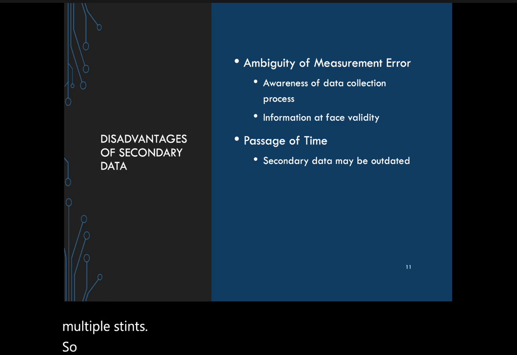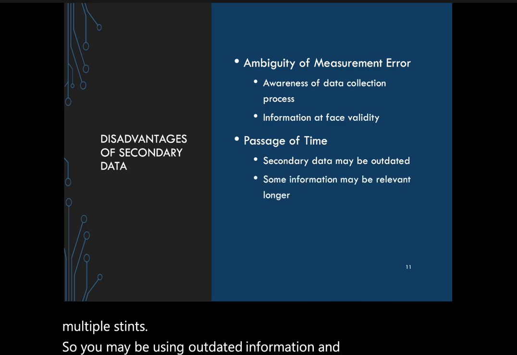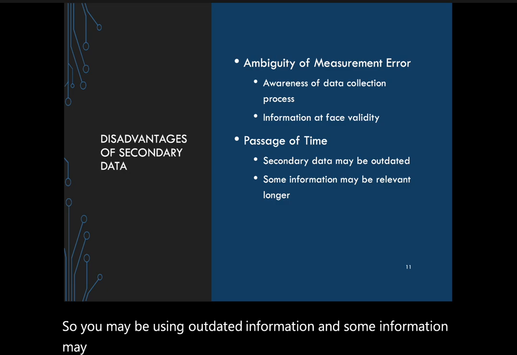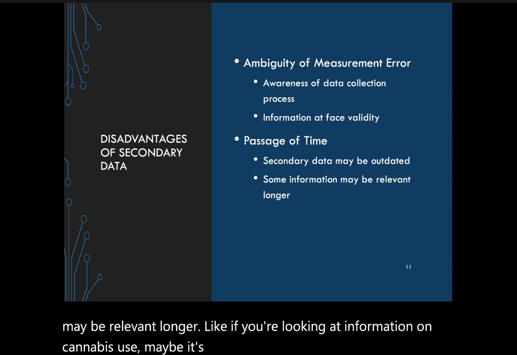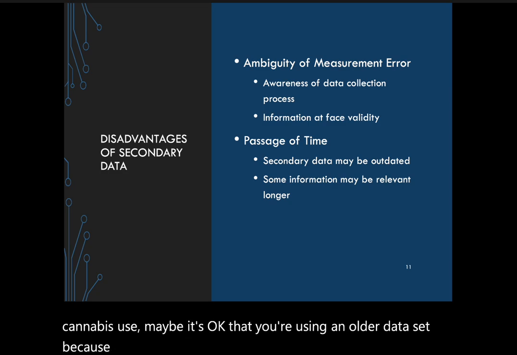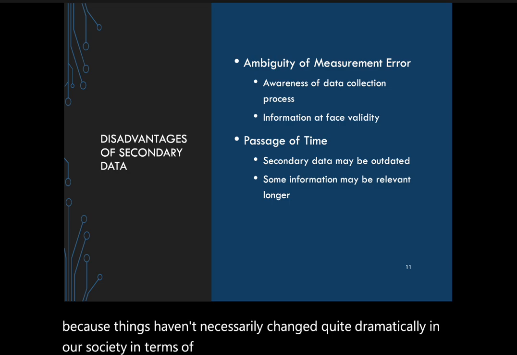So you may be using outdated information, and some information may be relevant longer. If you're looking at information on cannabis use, maybe it's okay to use an older data set because things haven't changed quite dramatically in our society in terms of legislation around cannabis.